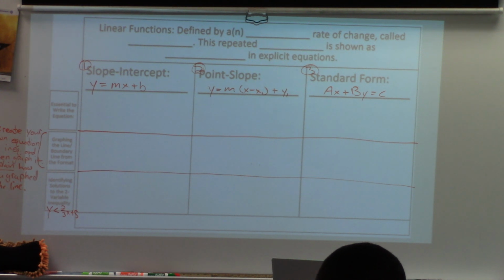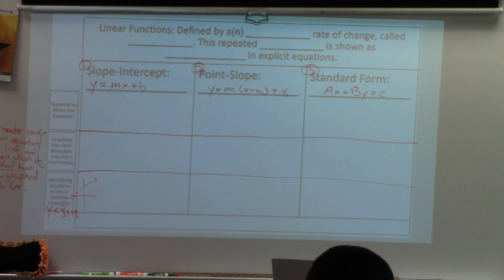You would what? Once you graph this boundary line, which I'm going to just make up something close, I'm not going to be exact just because I'm trying to save time. There's my boundary line. What would I now do to identify the solutions to this inequality?